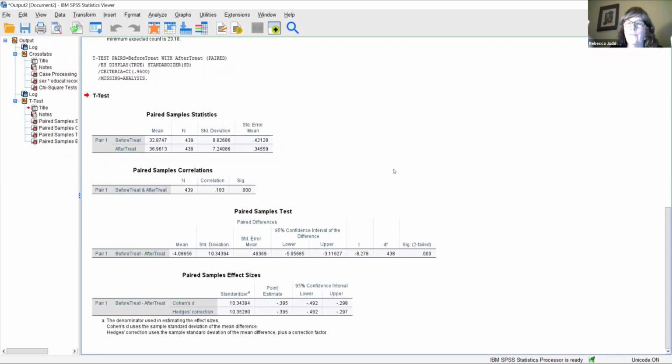So we saw a significant increase in the mean score towards tolerance after our intervention. Therefore, we're going to say our intervention was successful in creating increased tolerance of our participants towards individuals who had different ethnic backgrounds from them. So that's the dependent samples t-test. It's really that simple.